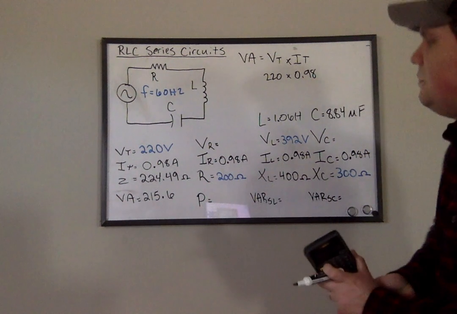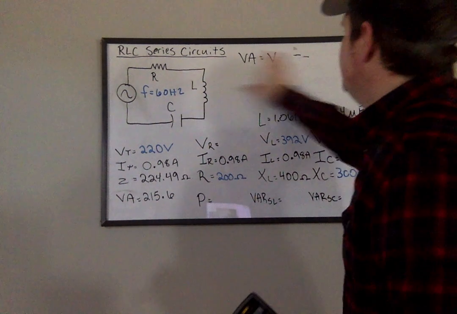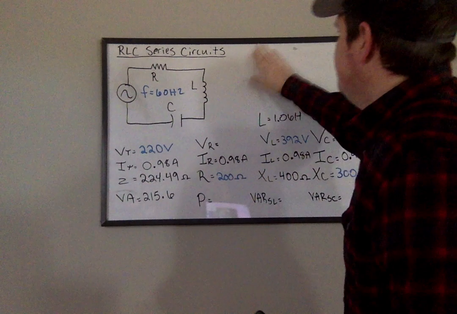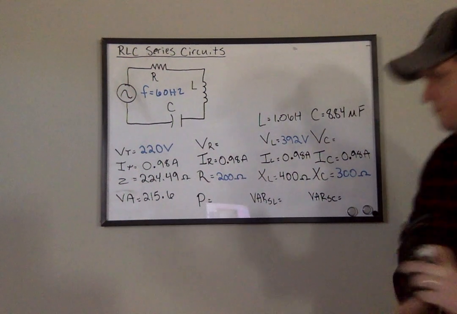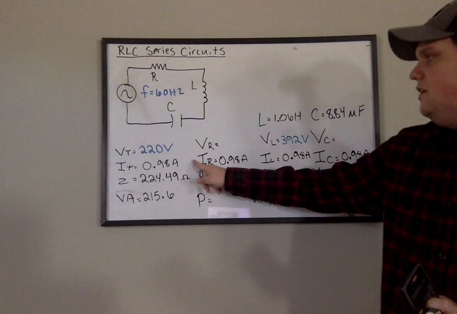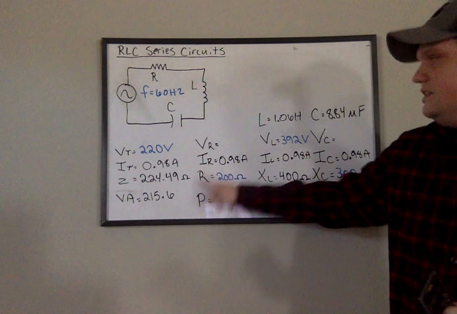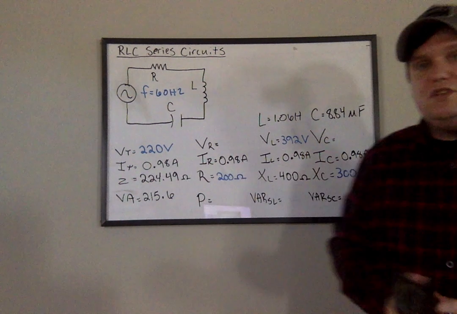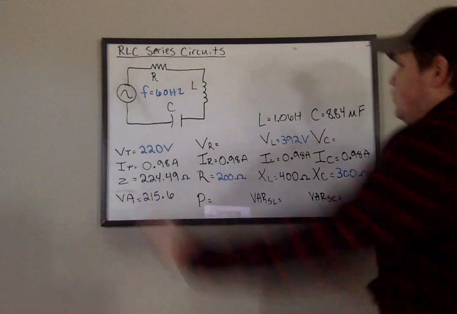All right, so now that I'm in the resistors column, let's look at what I have. I have current and I have resistance. So that means I can find voltage. Everybody should know that Ohm's Law formula.